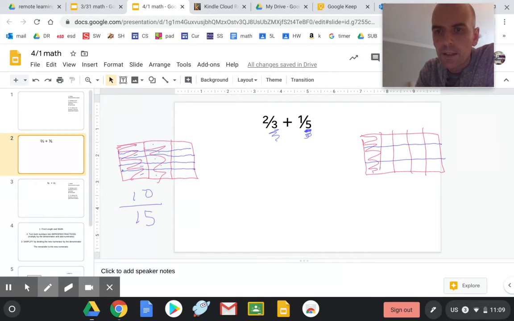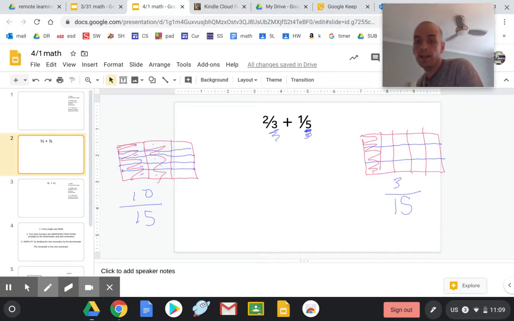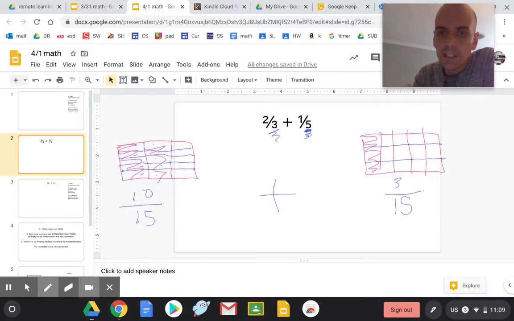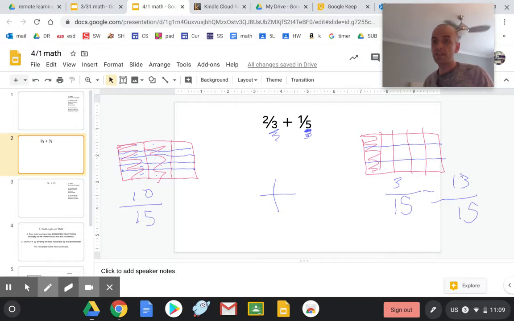Okay, so now I have 3, 6, 9, 12, 15. It's equivalent. It's the same thing. So now I have 10/15 plus 3/15 equals 13/15. Okay, I hope this is kind of jogging your memory.